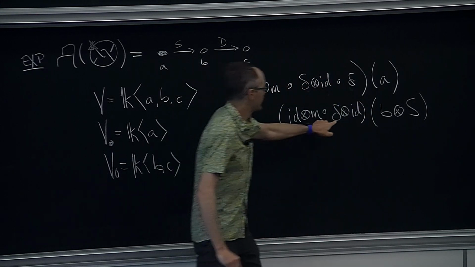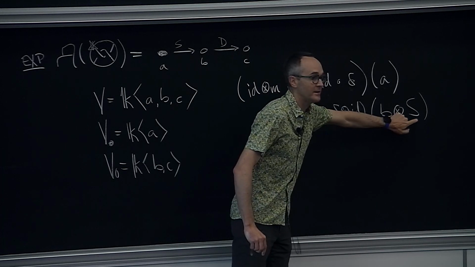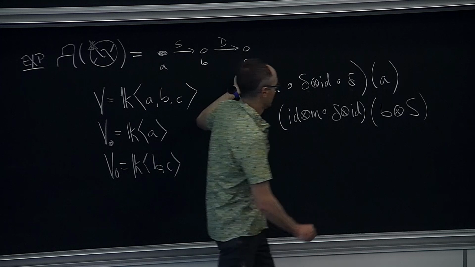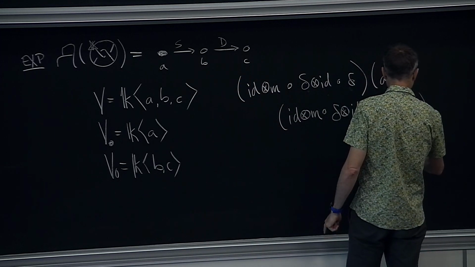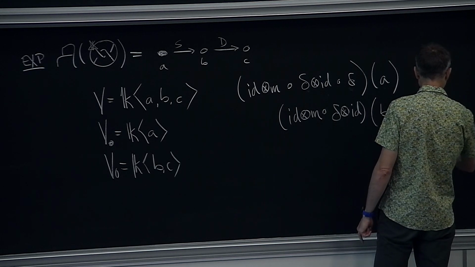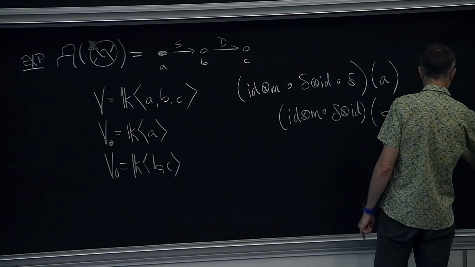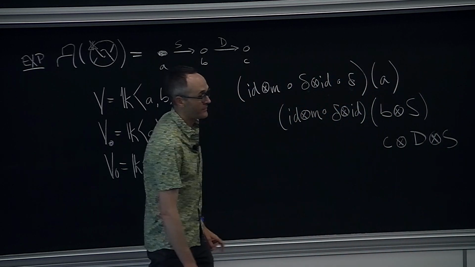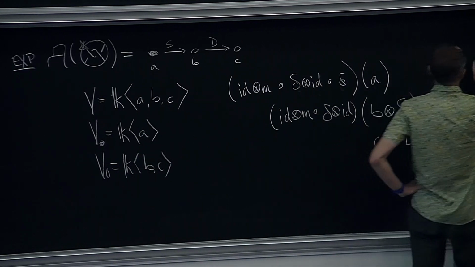And to this, I need to apply the remainder of the composite. Okay, so now I'm going to apply del to B and not do anything to S, which is going to move me along to C. And it's C tensored with D tensored with S. Okay, so what's happening?